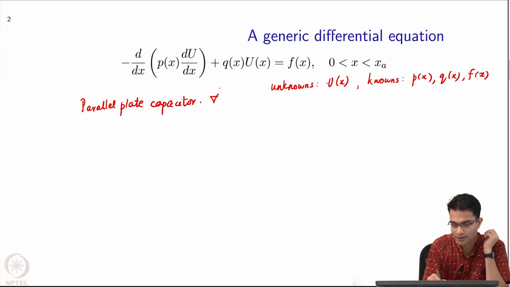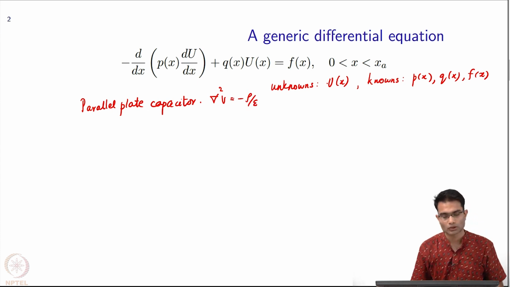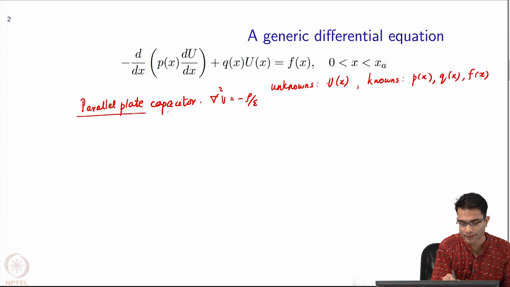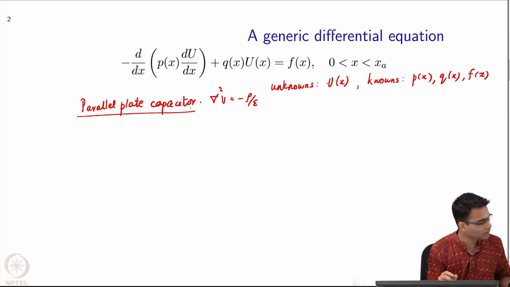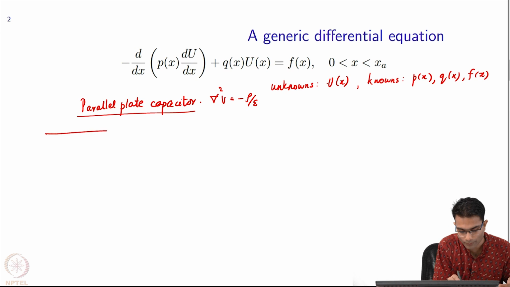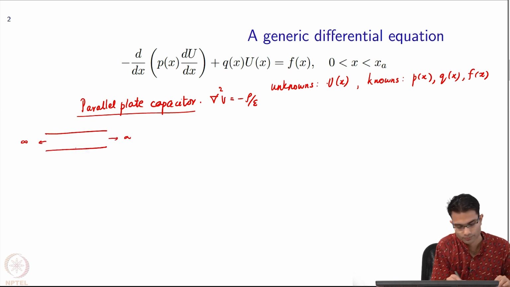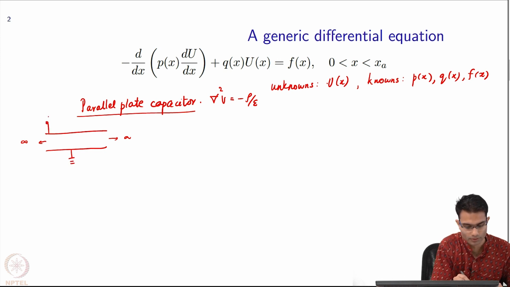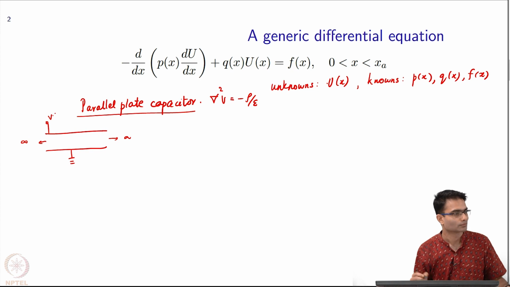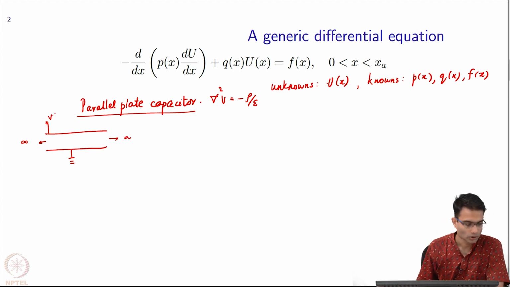That was your del squared V is equal to minus rho by epsilon. So this parallel plate capacitor looks something like this: an infinite capacitor in both directions. This plate is, let us say, grounded, and this is at some voltage V. You want to solve a problem like this.